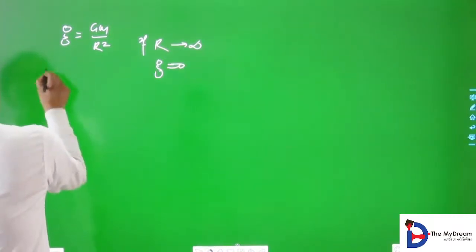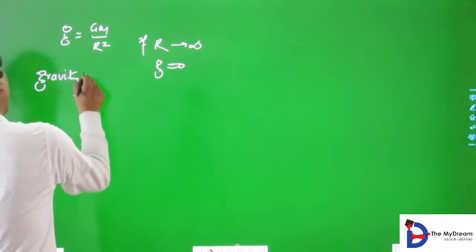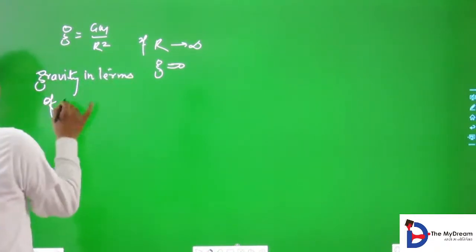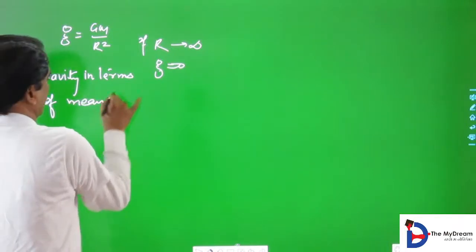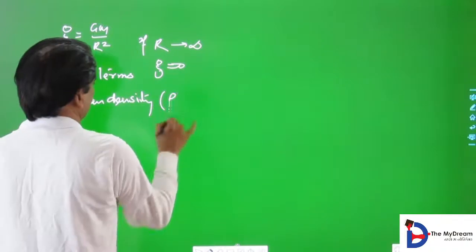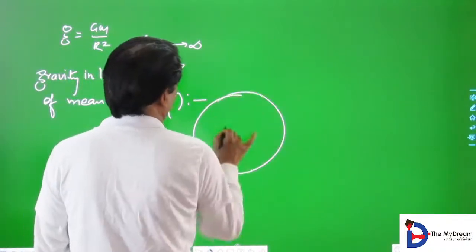Gravity in terms of mean density. Earth is supposed to be spherical.